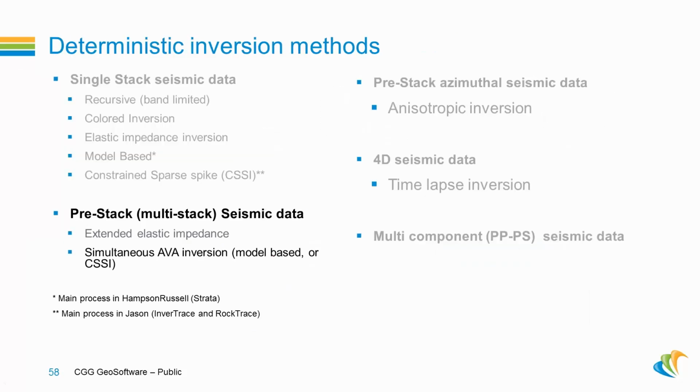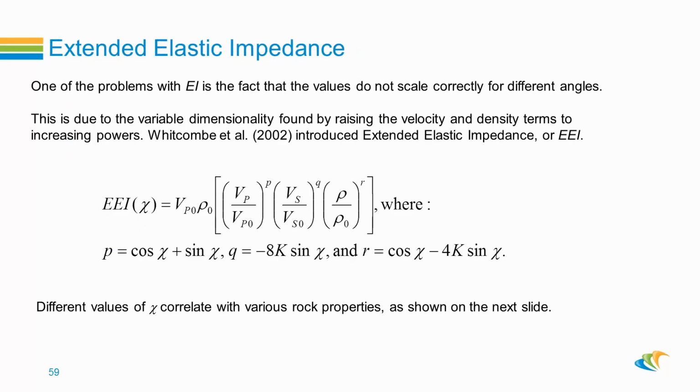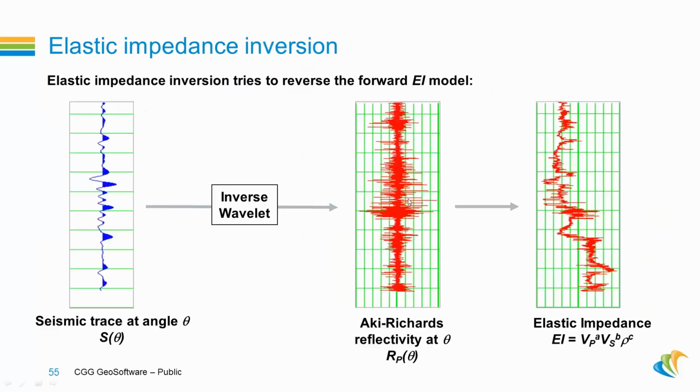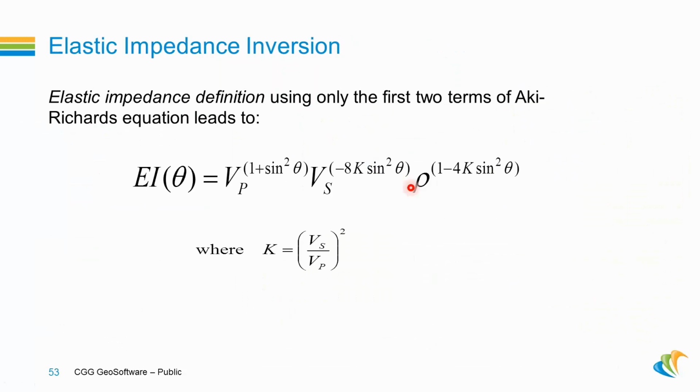Going forward to pre-stack seismic data, we have an extended mode of the elastic impedance, which is called extended elastic impedance, because elastic impedance has a scale problem. For example, if you go back to those equations, for the higher angles, this elastic impedance value will be different than for the near angles, because the sine of theta is squared, and the values will be very different.